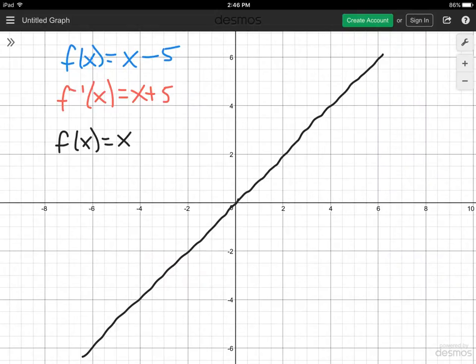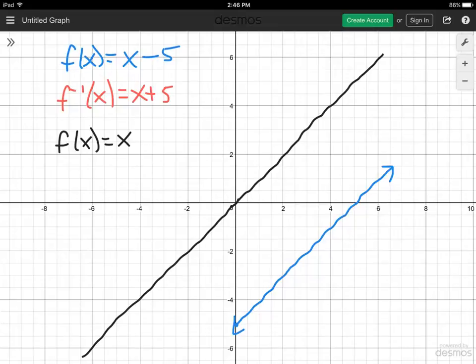So something interesting happens when you graph a function and its inverse. And I put on, this black line here is f of x equals x. It's just the 45-degree diagonal through the origin there. So when we graph this, look what happens, comparing these two functions that we have together. If we start down here at -5 and we go up one, left one, forever, it would look something like that.